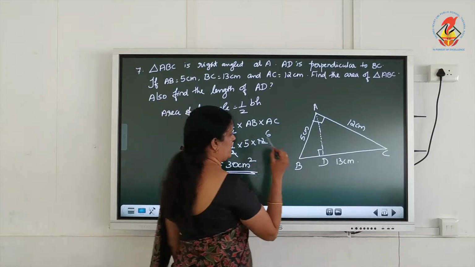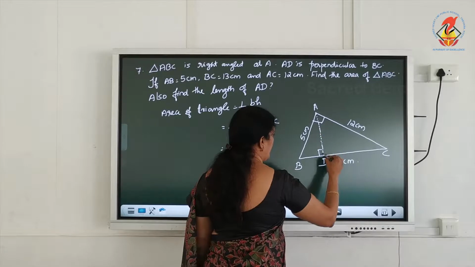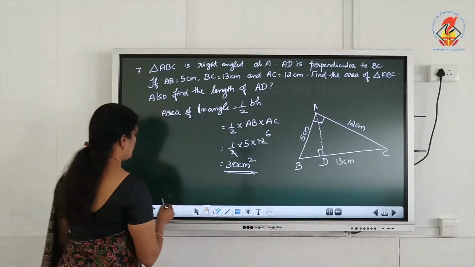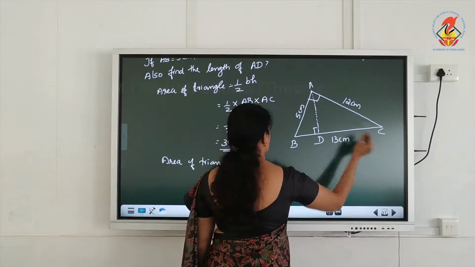Using the same area, next you consider BC as a base and AD height. Area of triangle, one more time you write it, half base into height. This time we should consider BC as a base.